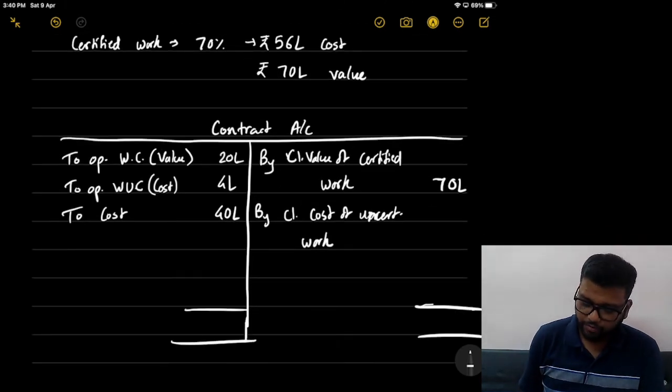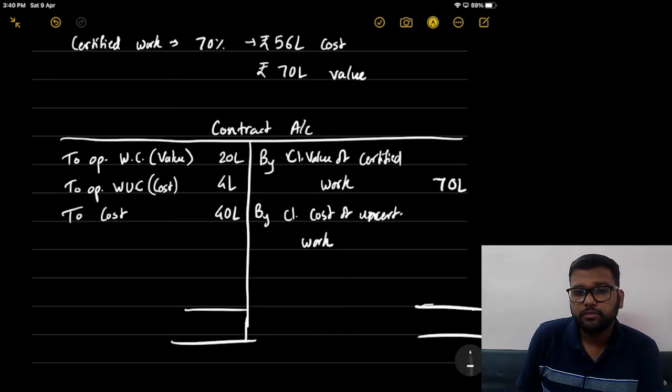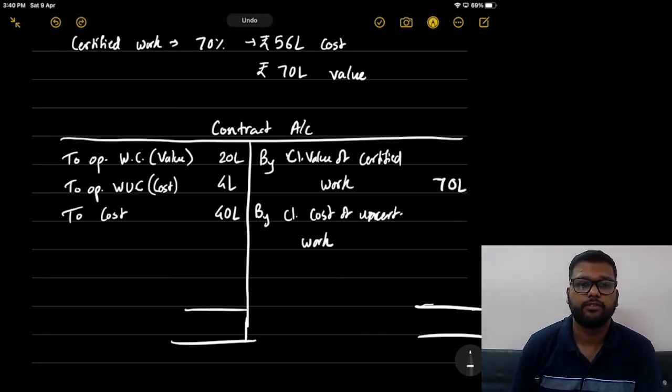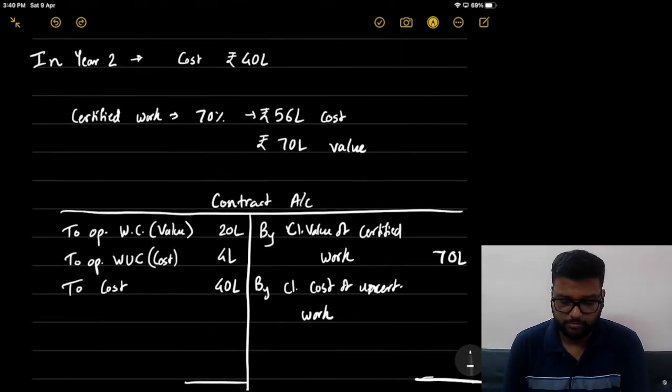According to us, profit should be how much right now? 10 lakhs, right? Can you think and tell me why? How much will this be and why? Think and tell me.